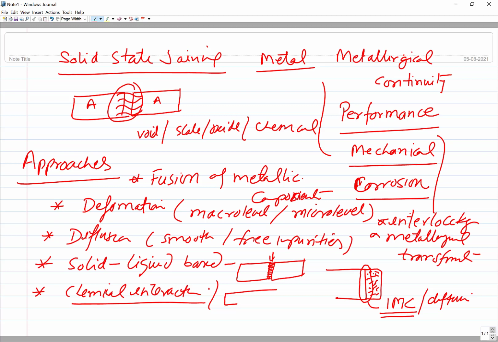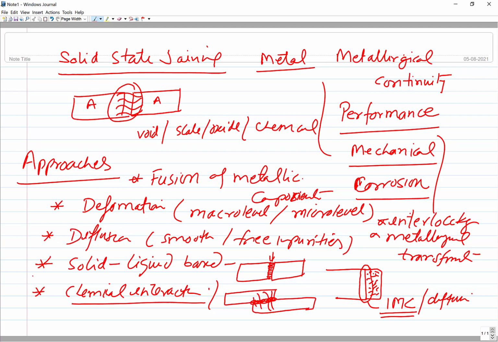In brazing and soldering you have metallurgical continuity, but not so in adhesive joining, where you use resins and hardeners to develop the joint. Some interaction between the adhesive and the base metal takes place, but metallurgical continuity is not developed across the interface.